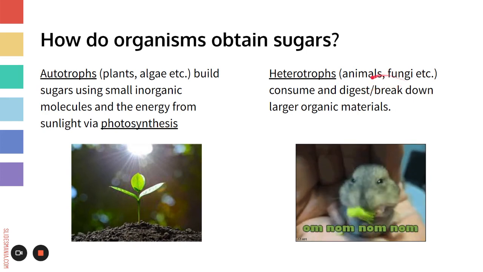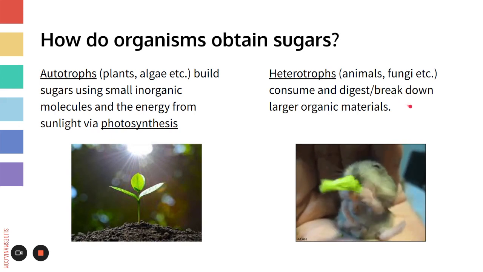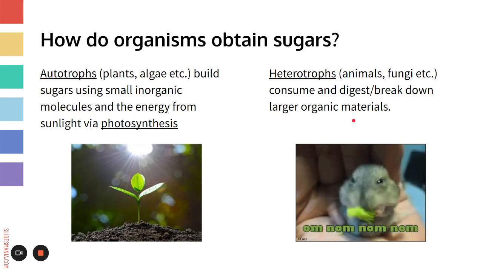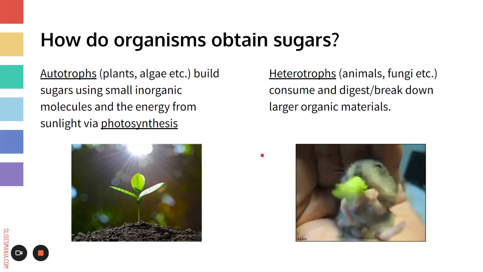They are going to consume and digest other organisms or dead stuff essentially, and that's going to give them access to nutrients, including sugars. So autotrophs are making their own sugars. Heterotrophs are getting it from the food they eat.